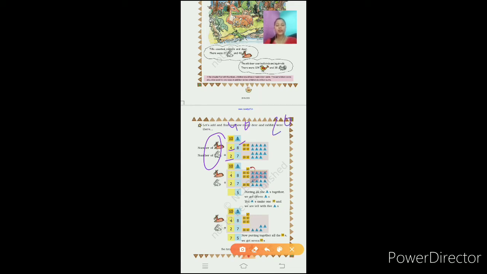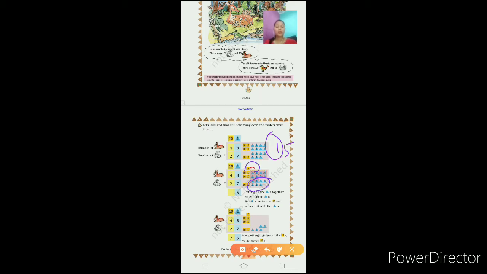There are 4 tens and 2 tens, and 8 ones and 7 ones. So 8 ones and 7 ones together make 15. 8 plus 7 is 15. In 15 there is already 1 ten, so they move the ten over and 5 ones are left here.